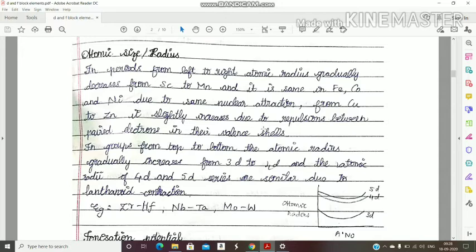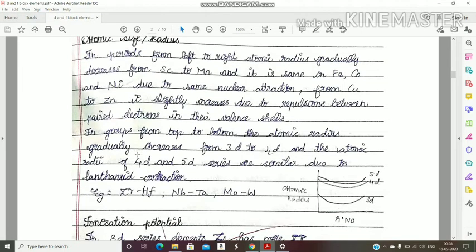If paired electrons are present, automatically between the paired electrons some repulsions occur. If repulsions occur, automatically the atomic size somehow increases than expected. So that copper is having less atomic size compared to zinc. Zinc is having more atomic size compared to copper.